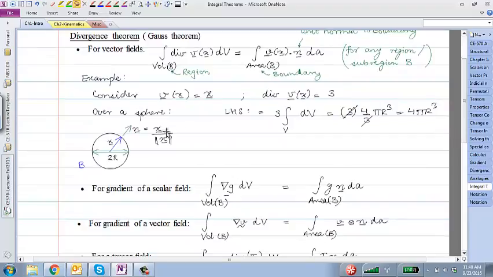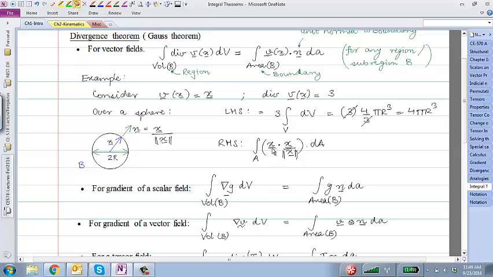Okay, let's now try to figure out the right hand side of this integral. We had the RHS, which is an integral over the surface area of v dot n. V is just x, dot with n, which is just x over its own magnitude, and I would want to integrate that over the surface area of the entire body.